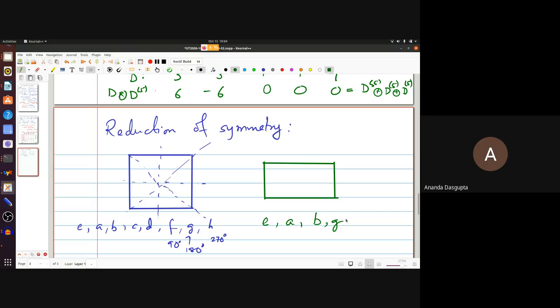Now it's very easy to check this. If you were to multiply 2 elements of the surviving group, if you multiply E with anything, it doesn't matter which order you do it in. Whether you put it on the left or right, you get the same result.